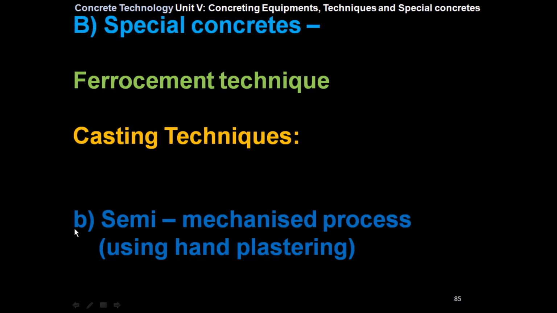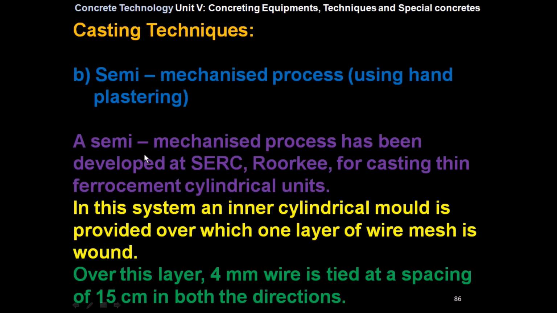Now we will see the second, semi-mechanized process using hand plastering. A semi-mechanized process has been developed at SERC, that is Structural Engineering Research Center at Roorkee, for casting thin ferrocement cylindrical units.